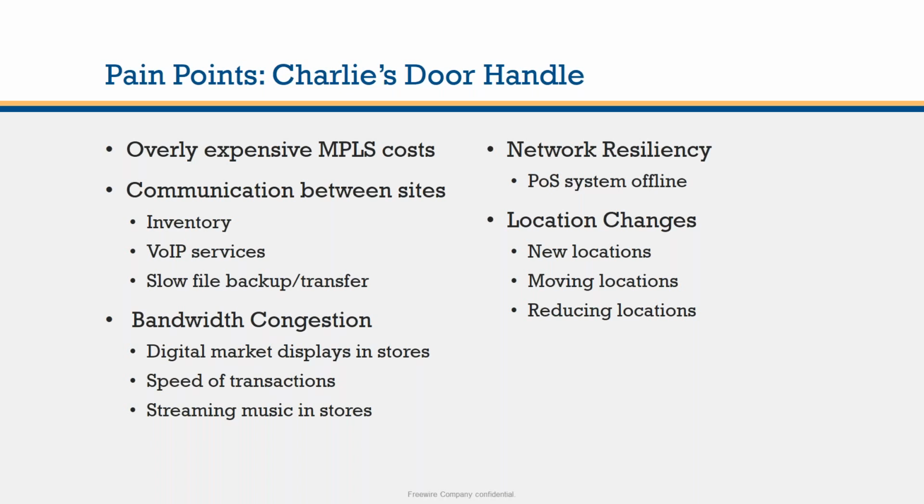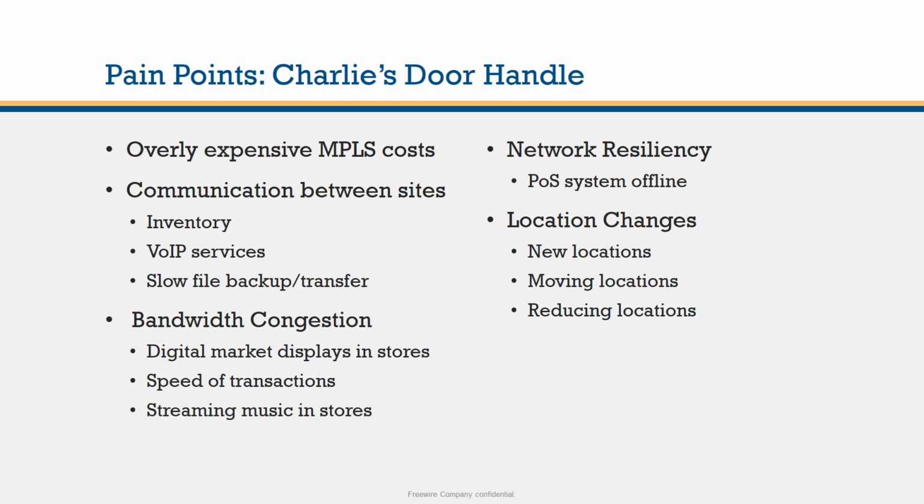Communication between sites. When we're taking a look at deploying an SD-WAN solution, how are we able to ensure quality of service utilizing best effort internet connections? These are going to be questions that come up for inventory, for VoIP services. And also, utilizing low bandwidth right now is going to lead to slow file backups and transfer.